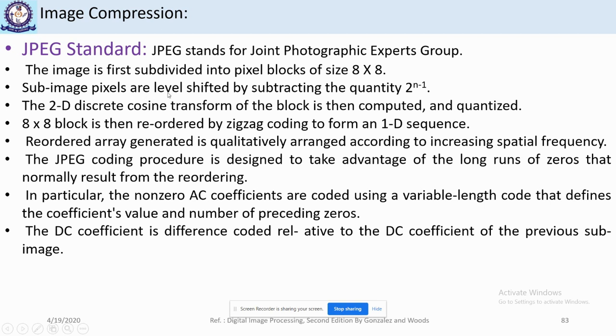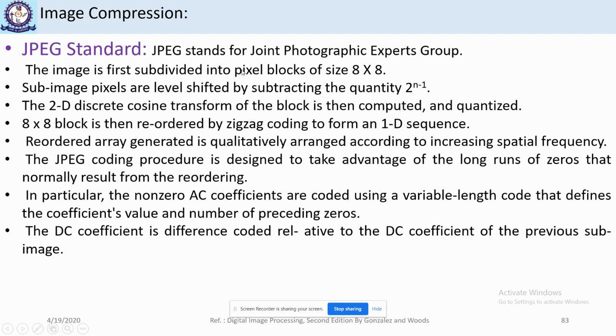Sub-image pixels are level shifted by subtracting the quantity 2 raised to the power n minus 1. So the second step is we level shift the pixels by subtracting from each pixel value 2 raised to the power n minus 1. Then the 2D discrete cosine transform of the block is computed and quantized.